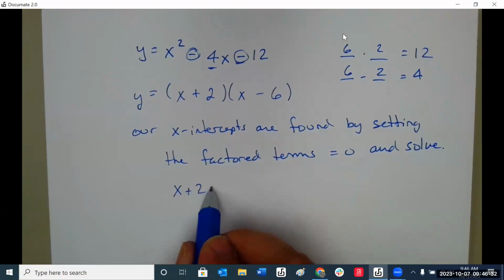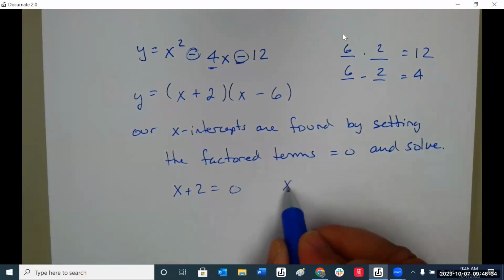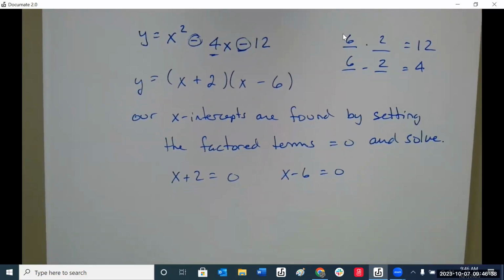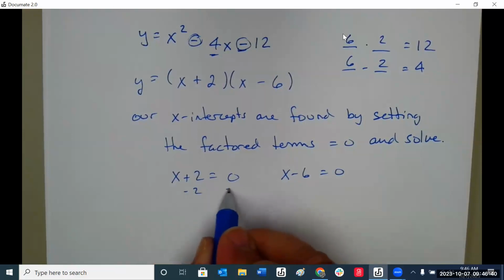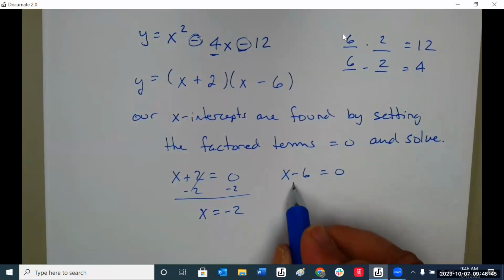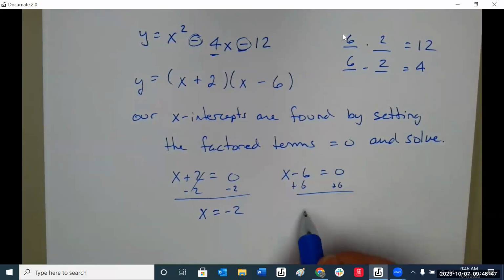So x plus 2 equals 0, x minus 6 equals 0. Solve, subtract 2 from both sides, x equals -2, and x equals 6.